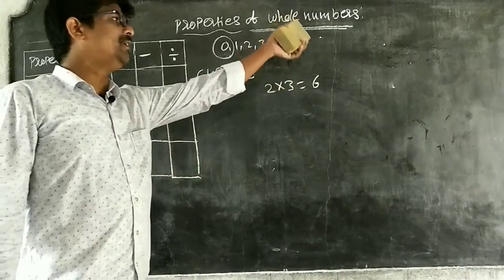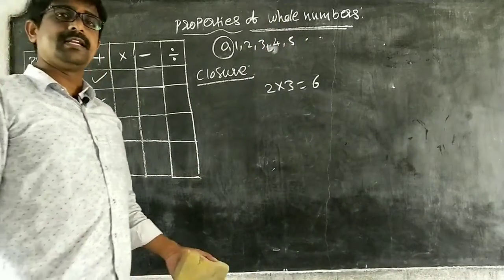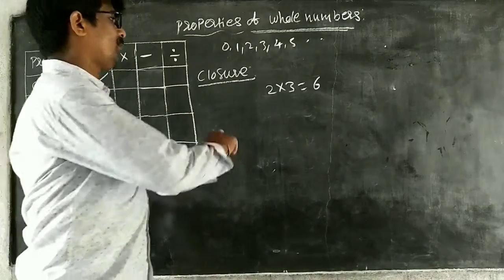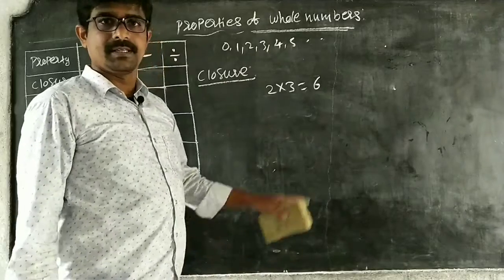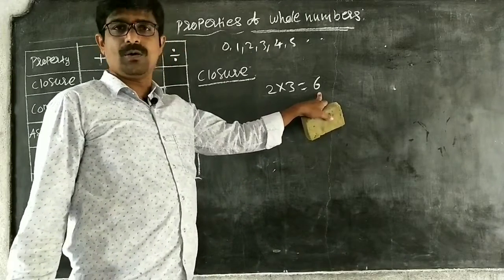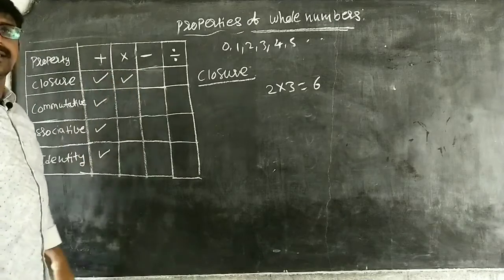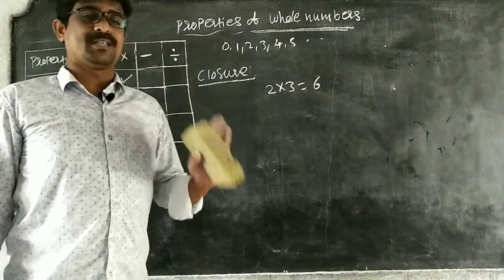The result should be a whole number only. The result is also whole, so multiplying any two whole numbers gives a whole number. So whole numbers are closed under multiplication.